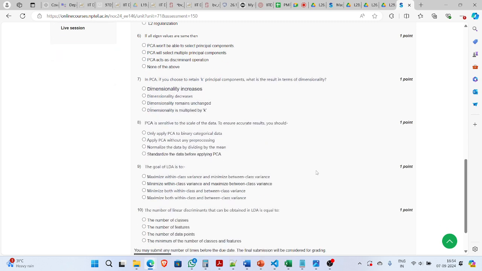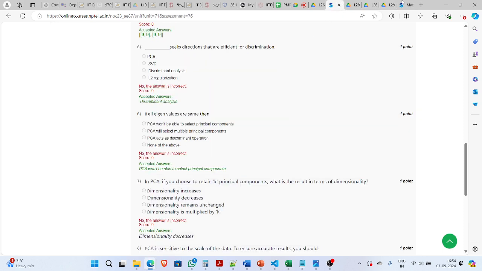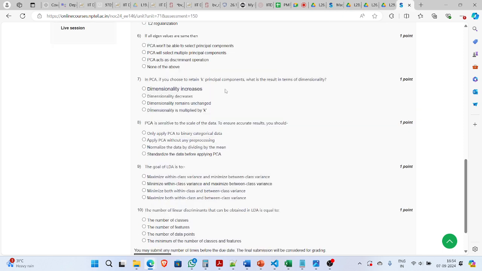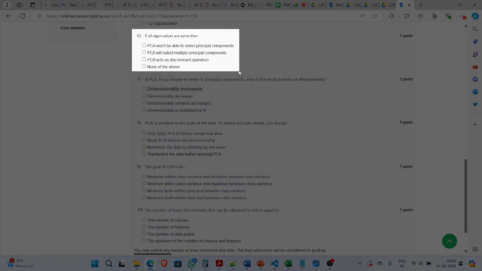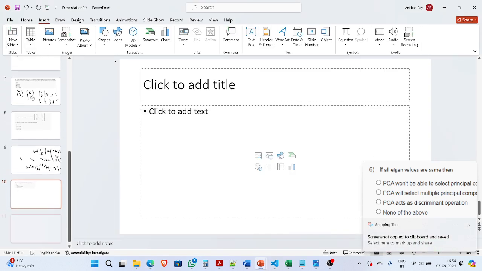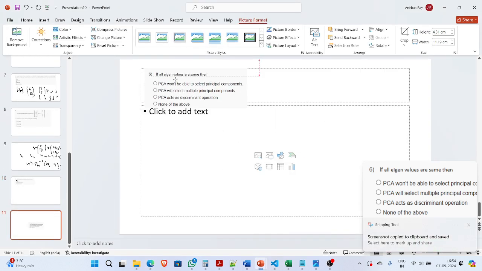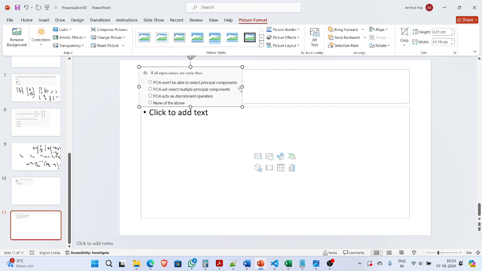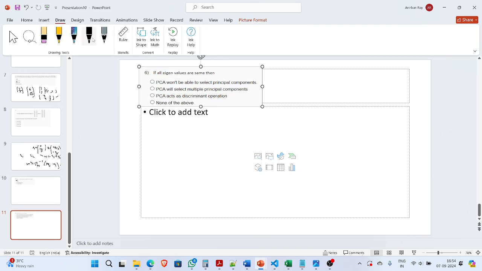If all the eigenvalues are the same, then PCA will not be able to select a principal component. That is the answer, right? Because as you can see, the principal component has the highest eigenvalue, so if the eigenvalues are the same, it will not be able to choose a component.